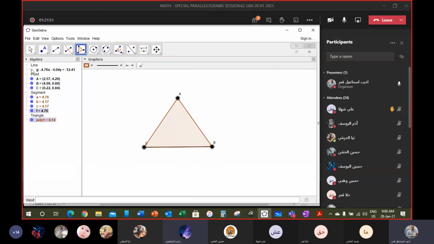So this is an isosceles triangle. So let's recall how we drew the isosceles triangle.